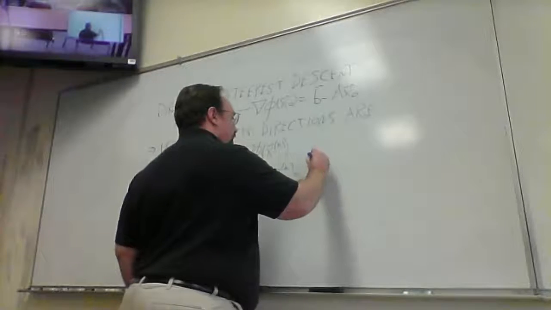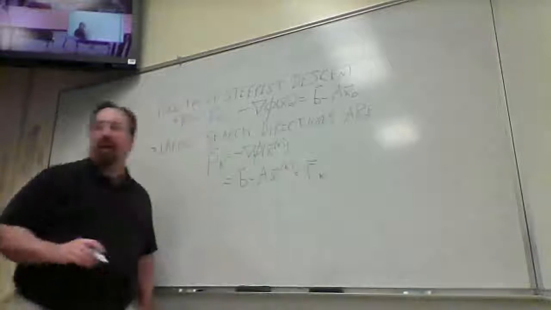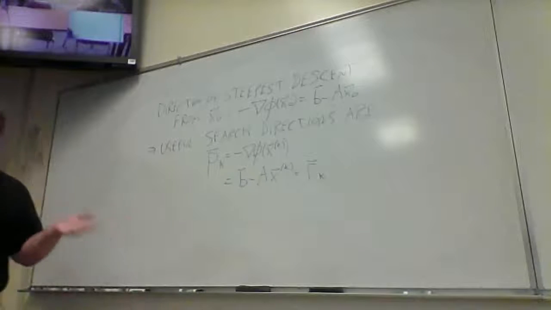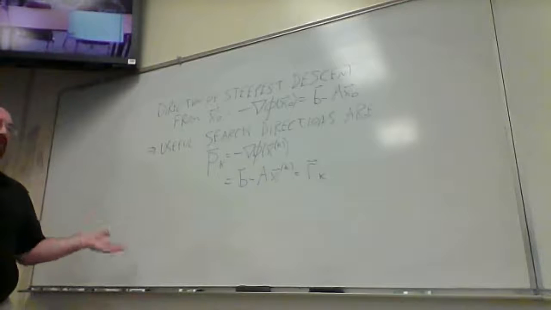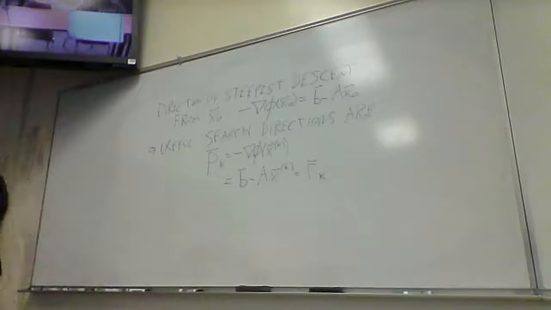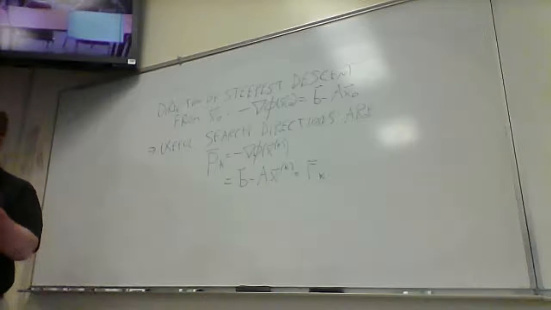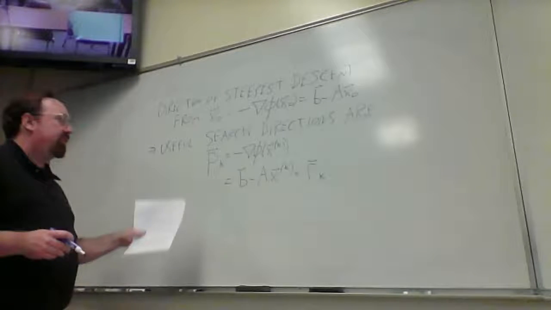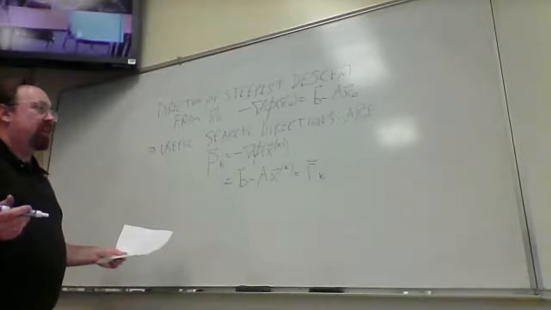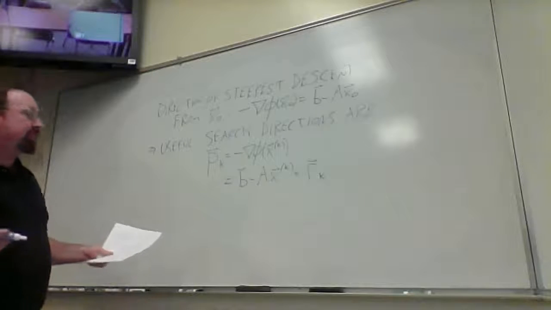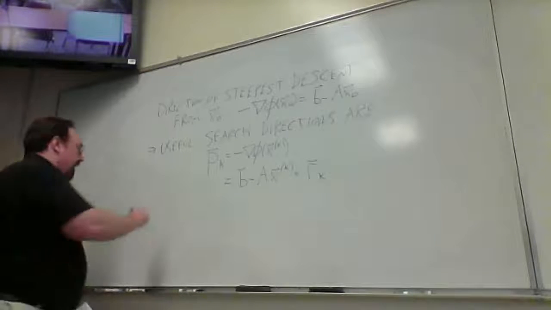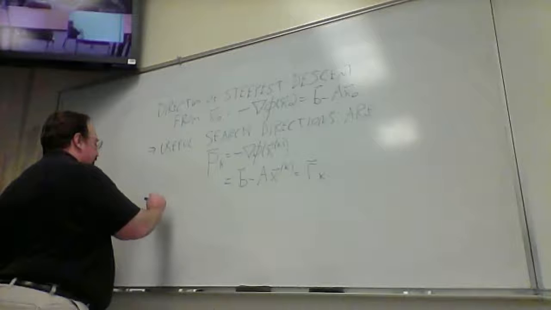So I'm going to refer to that as rk. So rk has the same meaning as it does in problem 3 in the homework. It's just b minus Ax. So now we have part of our non-stationary iterative method in place, but now we need the parameter to multiply it by.